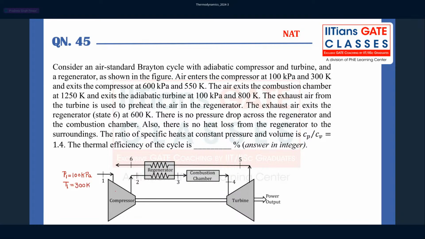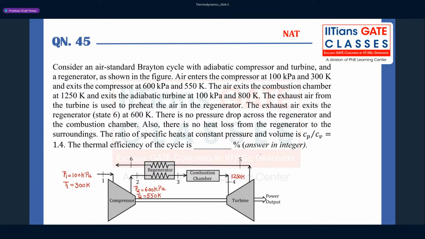At the exit, the pressure is 600 kPa and the temperature is 550 Kelvin. Then air enters the combustion chamber at 1250 Kelvin. This temperature is 1250 Kelvin.